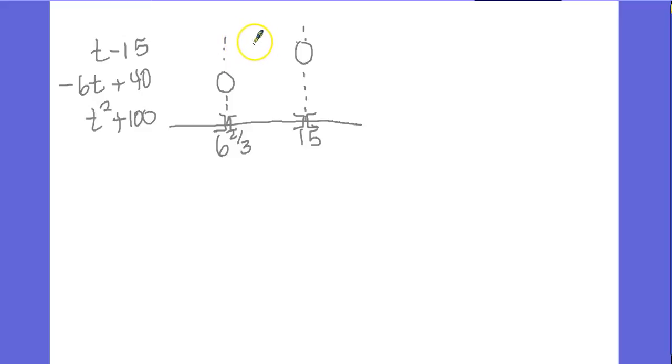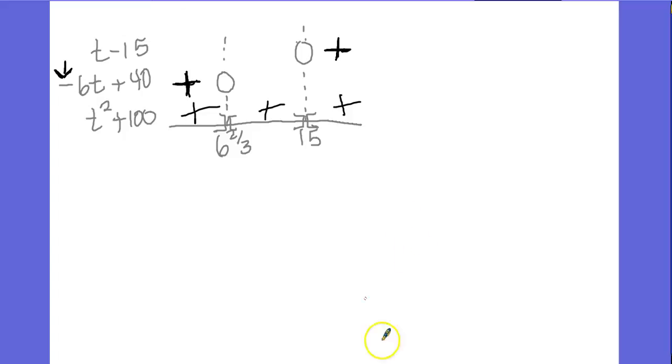So, since my t in my first term is positive, my positive numbers will be to the right of 0. Do you agree? And then since my t is negative in the next set of terms, my positive will be to the left. And since my denominator was always positive, I'm just going to put a bunch of positives down because it doesn't matter what t is. It's always positive when I square it.